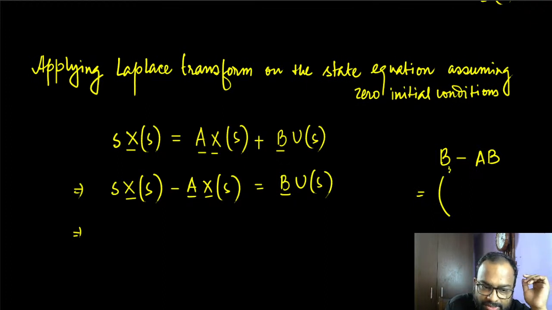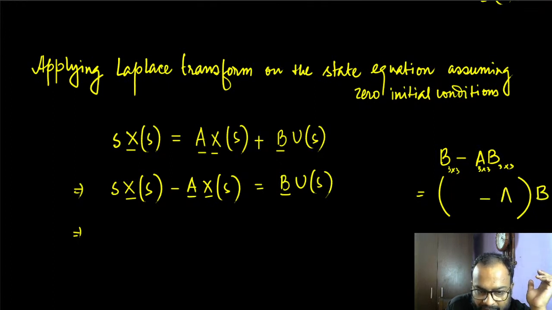Say this is 3 by 3, this is 3 by 3, this is 3 by 3. Now I want to factor out B, so I want to write down B here. So something minus A. Is it 1 minus A? Do I write 1 minus A? No, I don't write 1 minus A. I write I minus A. Remember that.